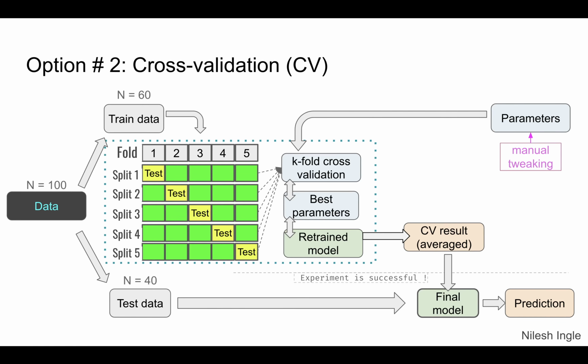If you are satisfied with that score, you can consider the model final and run the test data on it. If you are not satisfied, you can tweak the parameters and rerun the cross validation on the train data set until you are satisfied with the final score. Once the model is ready, then as before, you can run the test data on it and see what the predictions are, what the score is on the unseen data set.